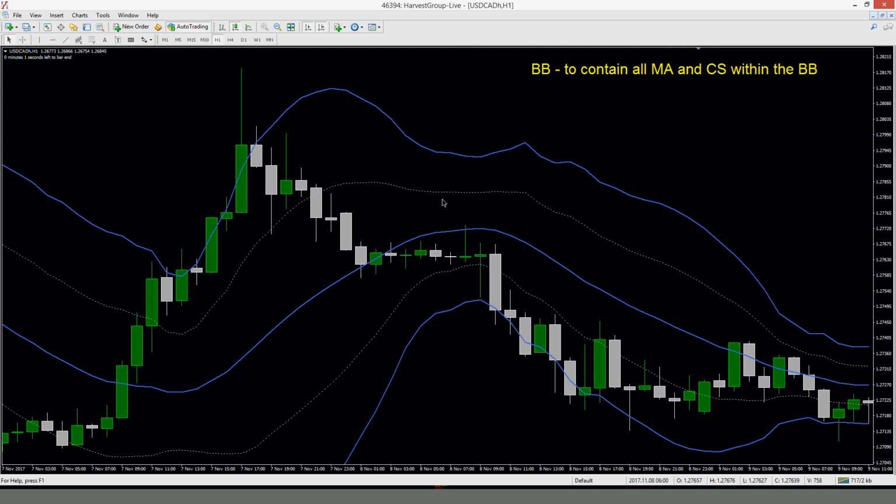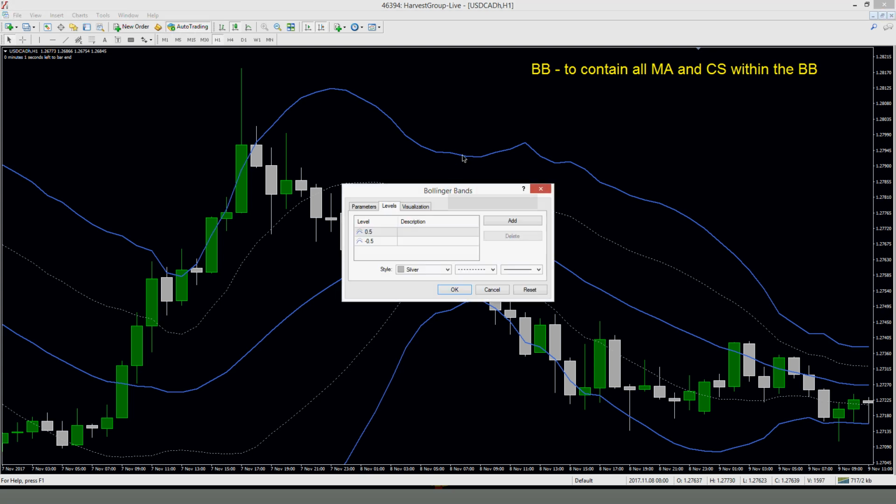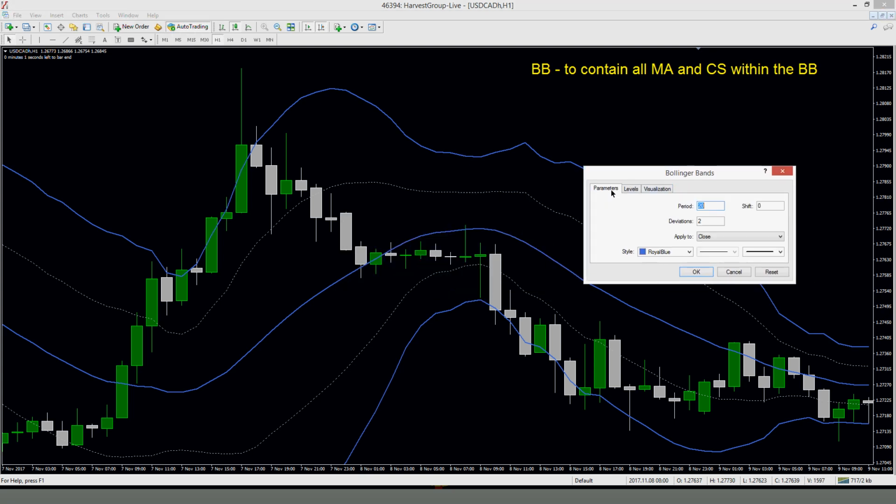But obviously, what I practice is from the teaching that I had from my teachers. So we basically use the deviation 1. Okay, so the settings for Bollinger Band are obviously exactly the same, period 20, deviation 2, and you apply this to close, and obviously whatever color that you like.